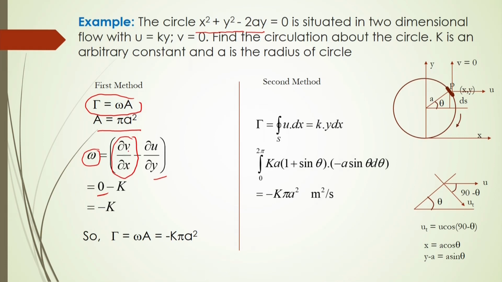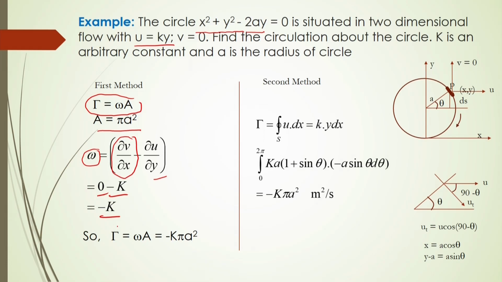Whereas ∂u/∂y is equal to k, because u is changing with respect to y, so after the derivative of u equal to ky, it will be minus k.